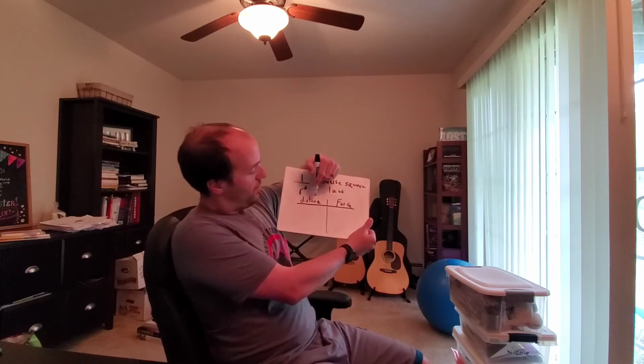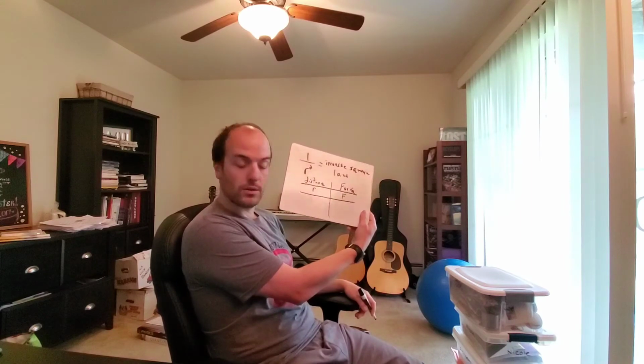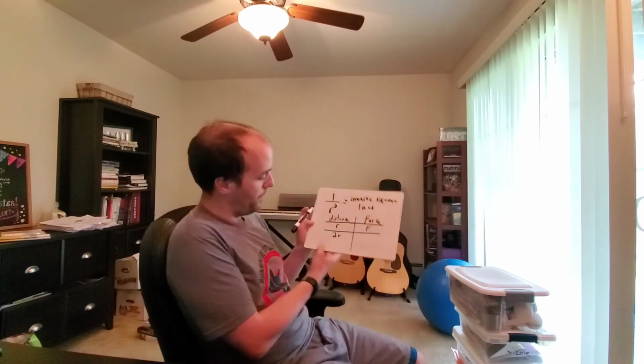So let's see what that looks like. I'm going to make a little chart. Over here is our distance, and over here is our force. Now, I'm going to give us a baseline. Let's say if our distance is r, we'll have a force of value F. Now, what happens if I have a distance of 2r?